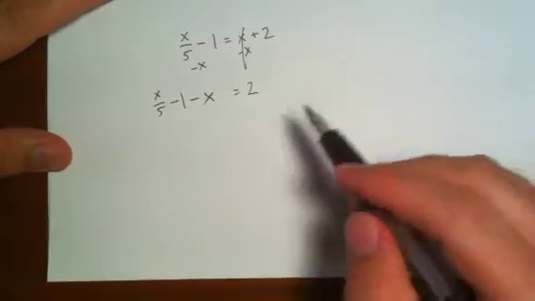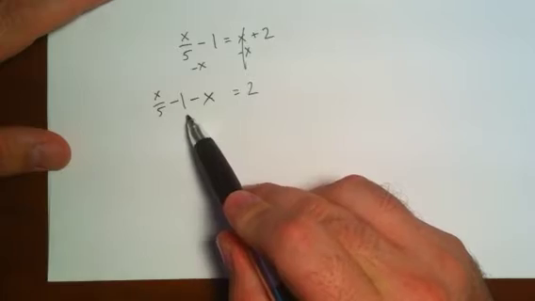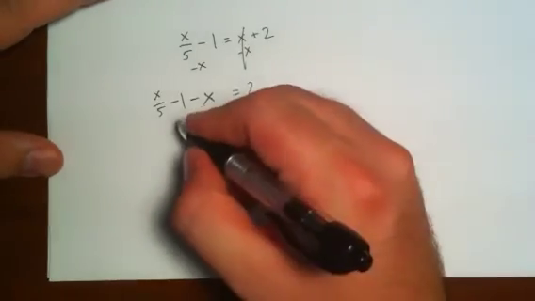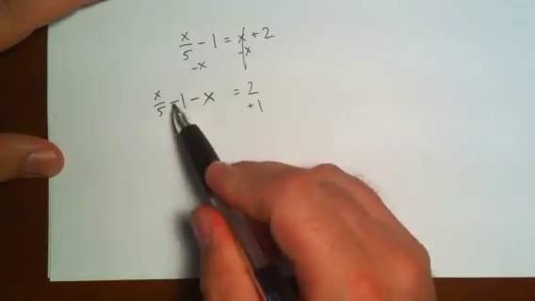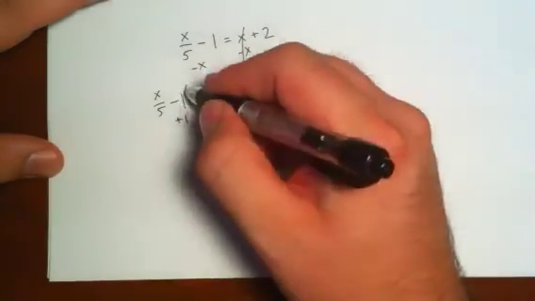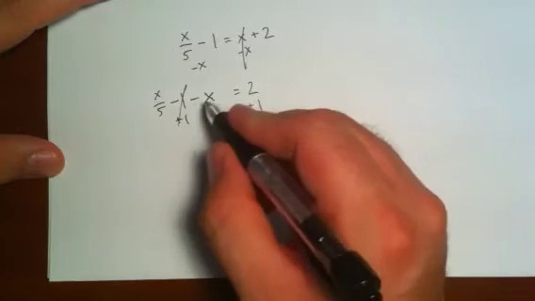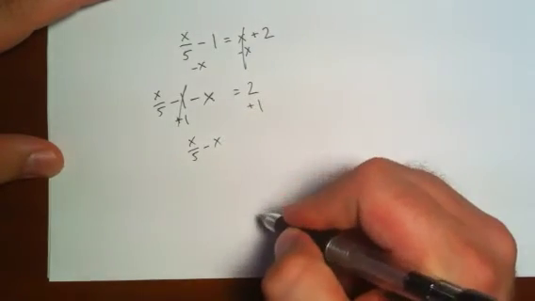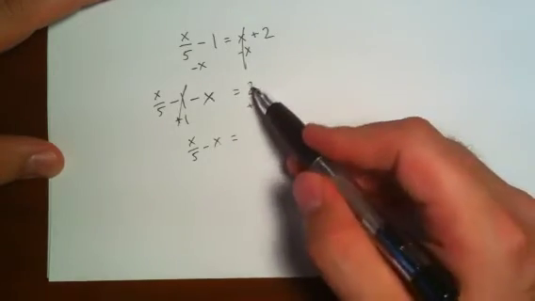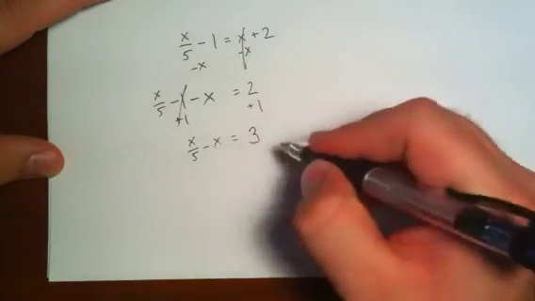Okay. Now let's get rid of this pesky minus 1 here, because it's getting in the way. So we'll add 1 to both sides, because minus 1 plus 1 is just 0. So we're left on this side with x over 5 minus x. And on this side, we're left with 2 plus 1, which is 3.